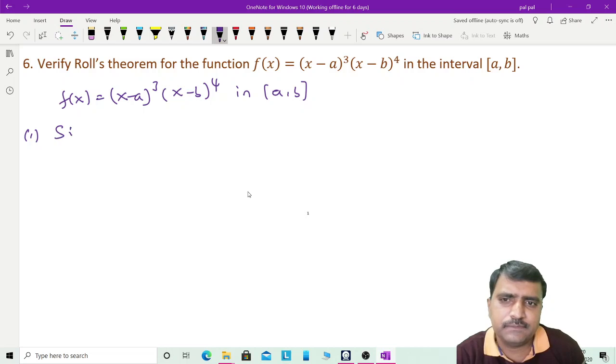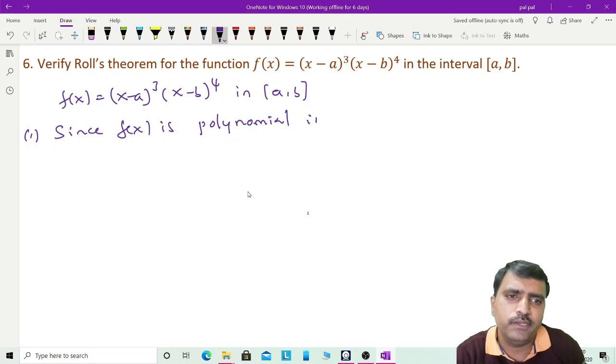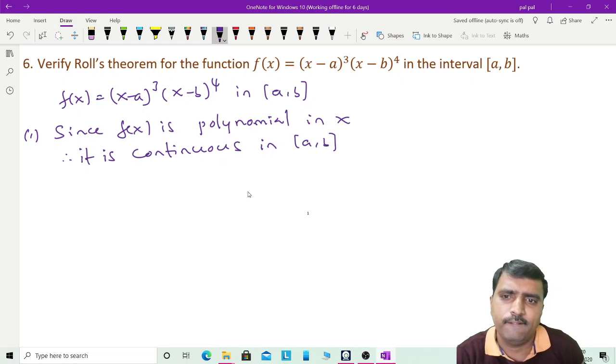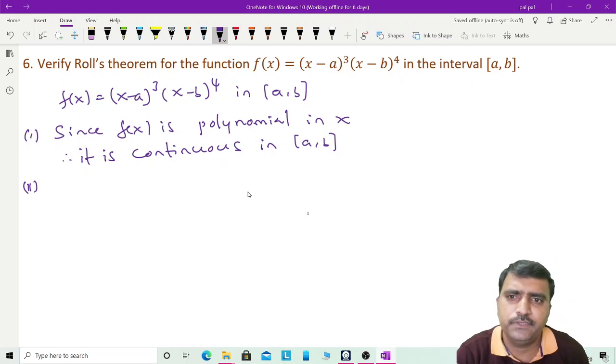Since f of x is a polynomial in x, therefore it is continuous in the interval a b. And the second condition: you take f dash of x.